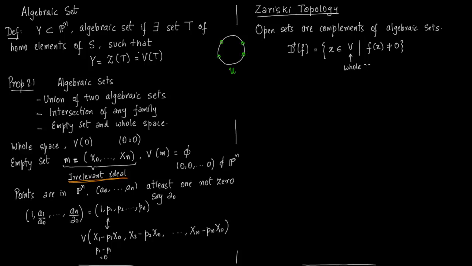It could be a small space like a circle, or it could be the entire space. Circle means a circle with homogeneous coordinates, so it should be x squared plus y squared equals z squared.